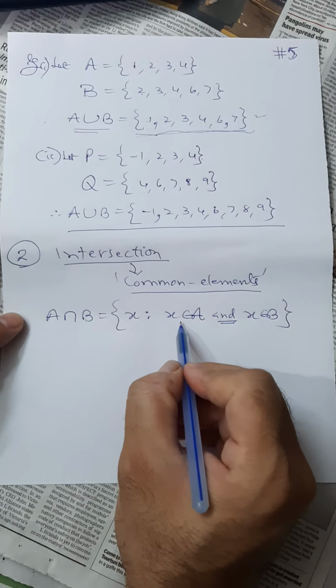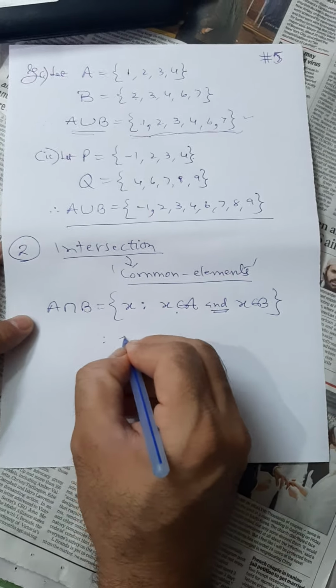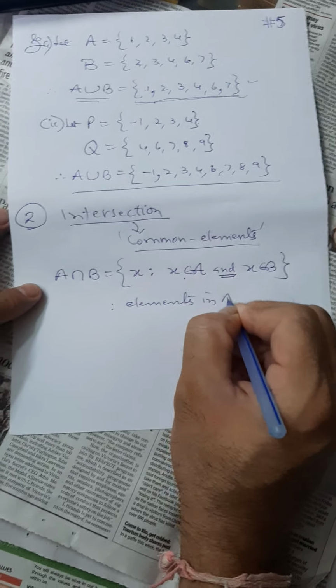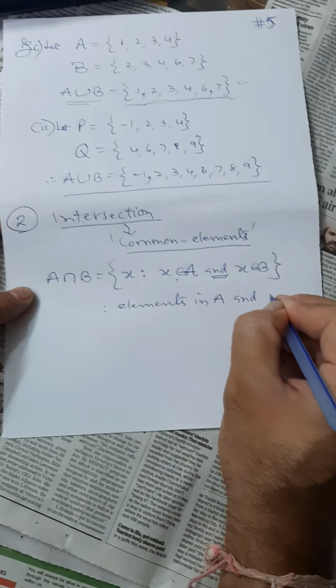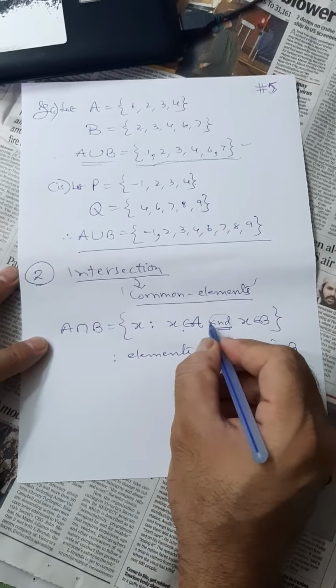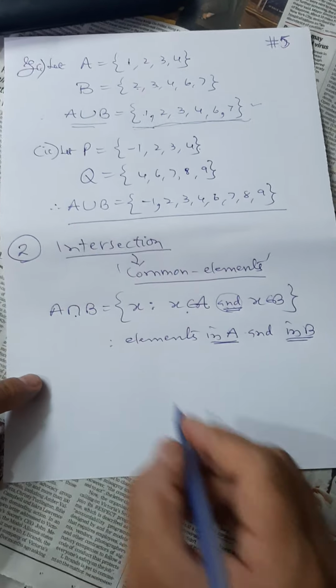All elements which are in A as well as in B, right? That's common elements, which we represent by and. So and represents intersection, whereas or represents union.